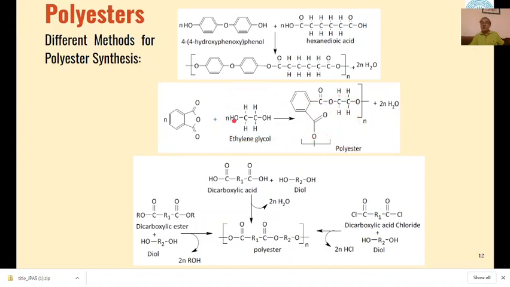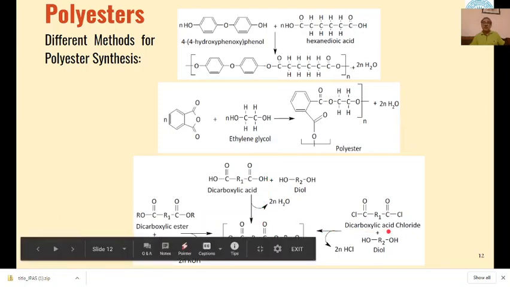So when 1 mole of this attacks this carbonyl to open this carbon-oxygen bond, then one chain will be formed on this side, then O negative, this will condense with another molecule of ethylene glycol, and one chain of polyester will be formed on this side. So we will get three-dimensional polyesters like this by condensation of phthalic anhydride with ethylene glycol.